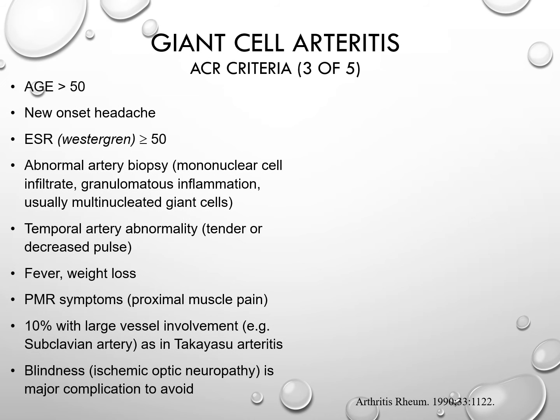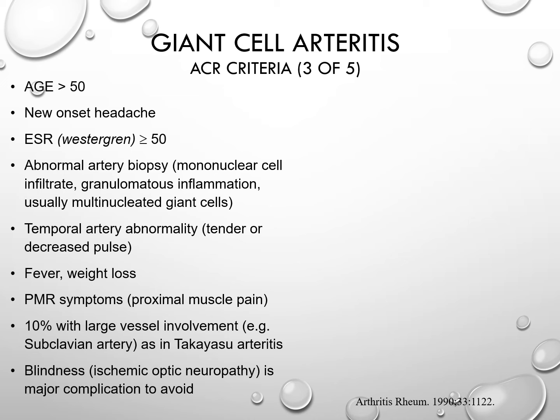So GCA, we will not go into detail. We are talking about the approach to vasculitis, but you should have some idea about the main manifestations. You will know that the age is usually more than 50, with a peak in the 60s and 70s, and the ESR is usually high, and recently CRP too.